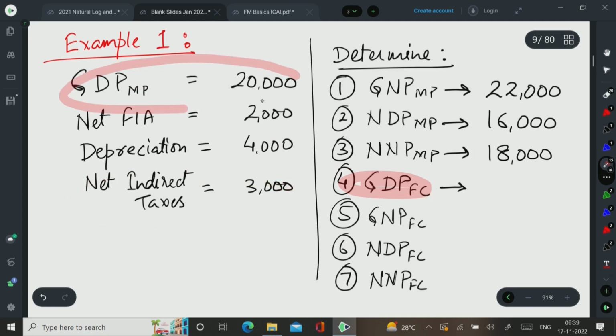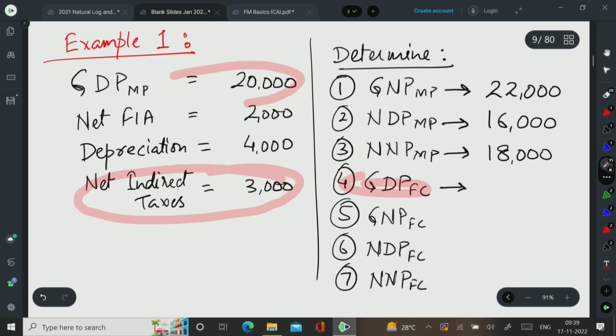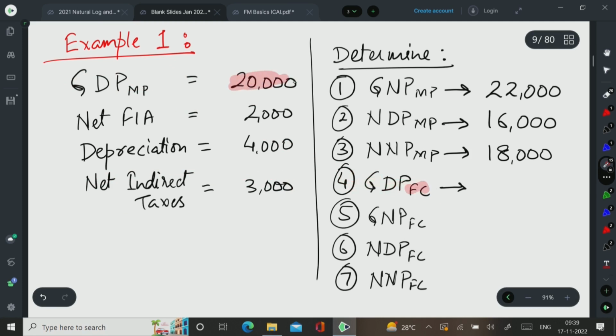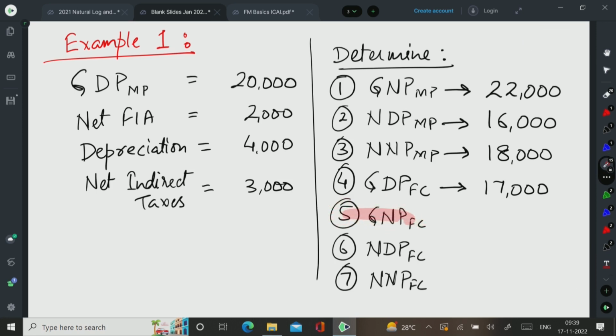So from GDP at market price, you subtract net indirect taxes to arrive at GDP at factor cost. That will be 20,000 minus 3,000, and that would give you 17,000 over here.